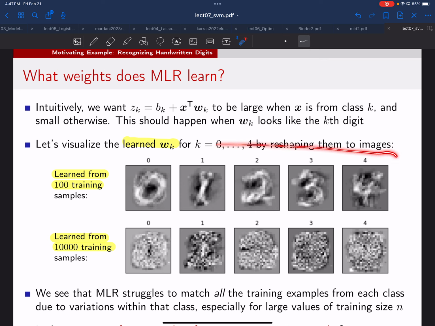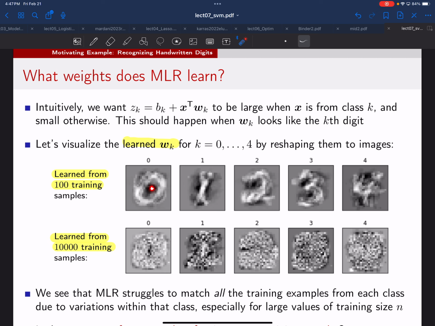When we do this with 100 training samples, we see the kind of patterns that we might expect. If we look at the row of the W matrix that corresponds to detecting whether it's a 0 or not a 0, remember that gray would be 0 values, white would mean a positive value, and black would be a negative value in the weight vector. You can see it's putting a large gain on any pixels X in this region, and any pixels X in this region, it's giving a negative gain.